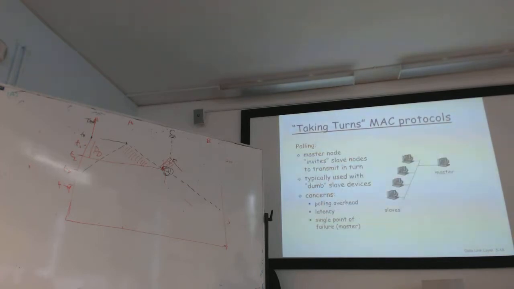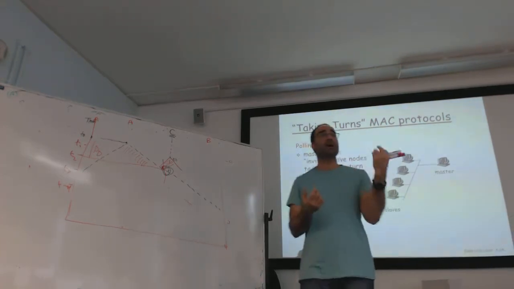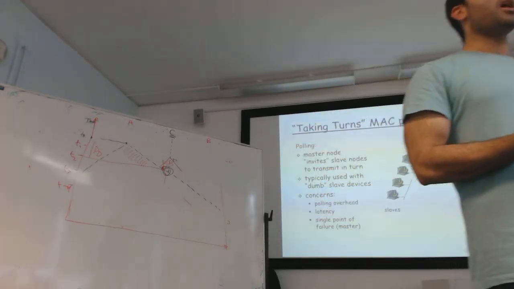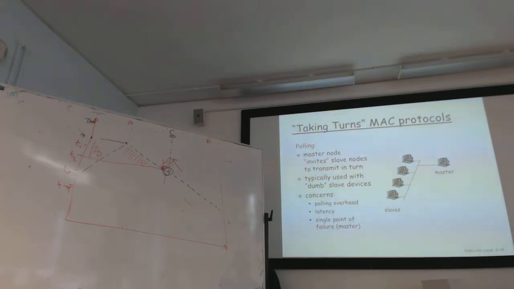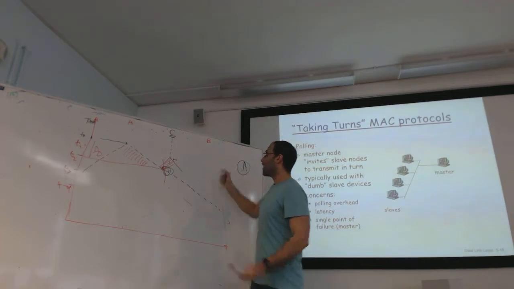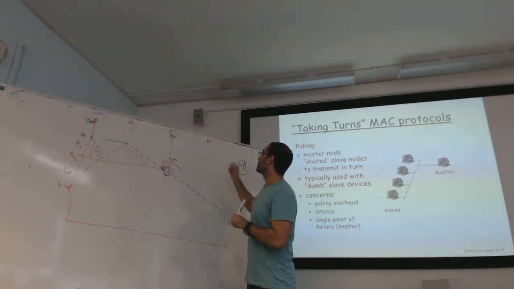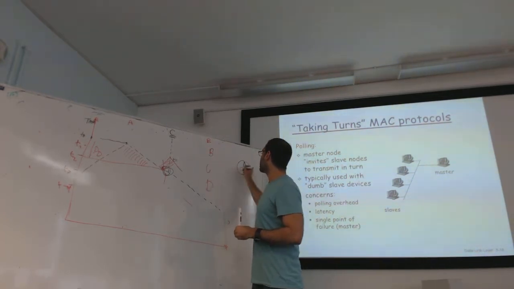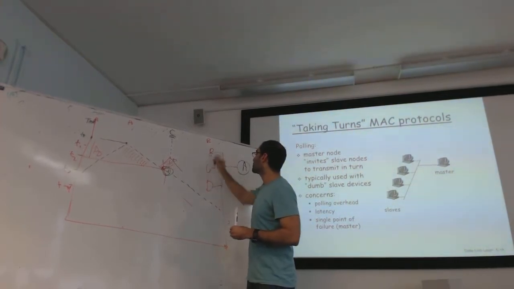So let's have a look at taking turns. First of all, we have polling, where you have a master node controlling all the slave nodes. That means if I have poll information, I send it to one of those nodes and ask that node to transfer its data. So now you are controlling it by that master node. Take a full channel in a series connection, where user A controls, let's say, 3 users: B, C, D, connected to a series bus.